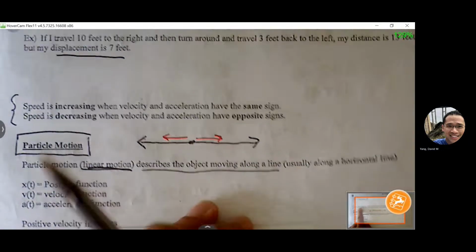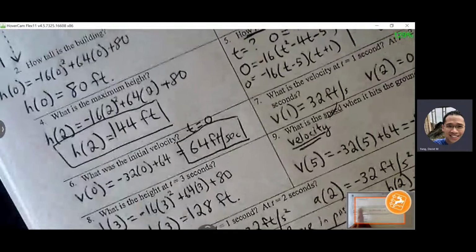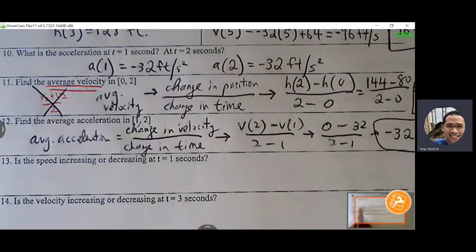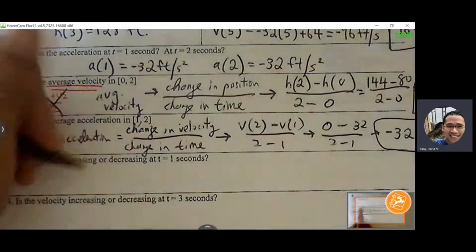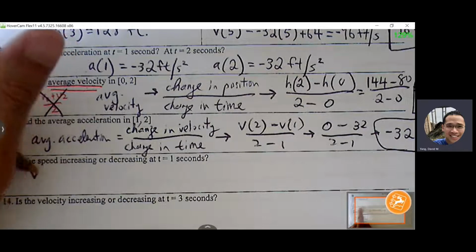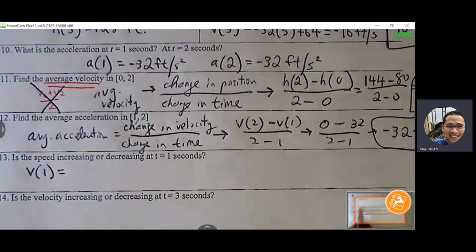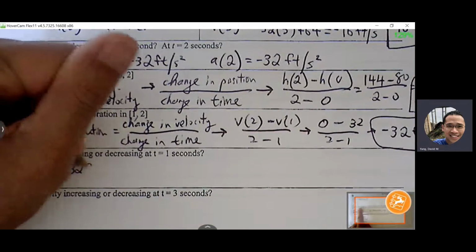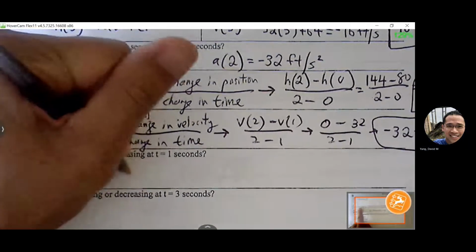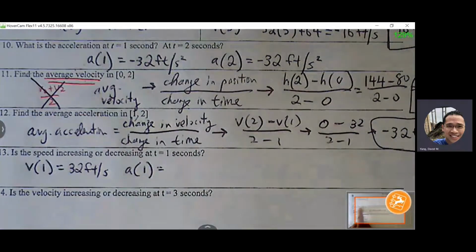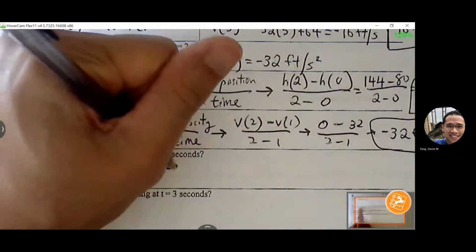All right. So let's go back to this one here. Is the speed increasing or decreasing at t equals 1 second? Okay, so we have to gather some information here, right? We have to know what the sign of velocity is at 1 second. We know velocity at 1 second is 32 feet per second. We also need to gather information about acceleration at 1 second. Acceleration is always negative in this problem.